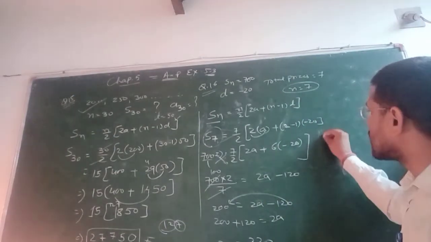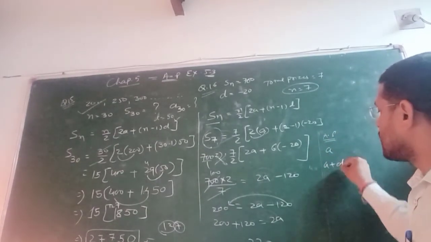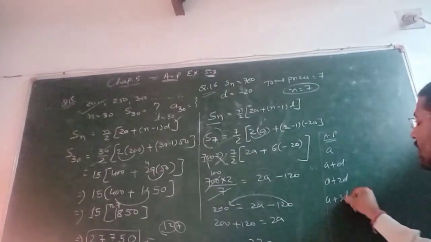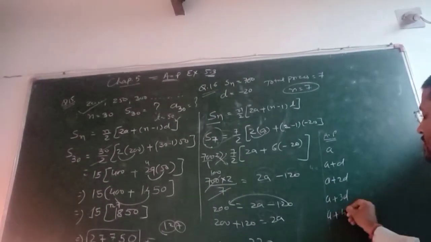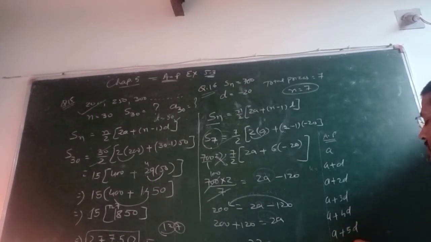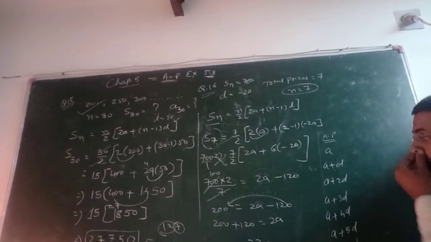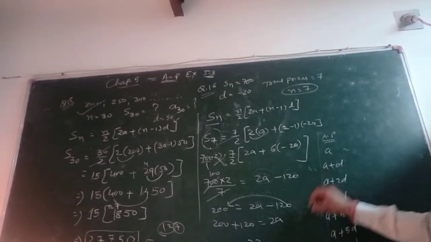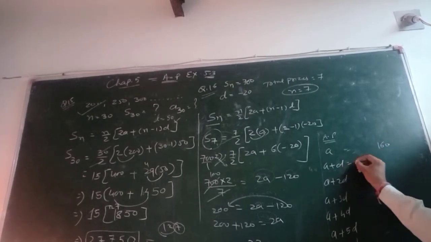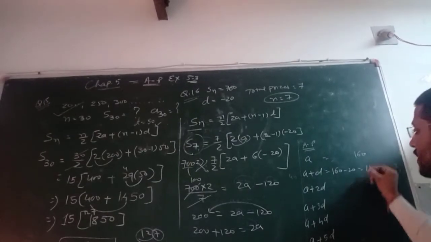So here your arithmetic progression: a, then a plus d, then a plus 2d, a plus 3d. Similarly, you have 7 prizes, right? So we'll go up to 6, a plus 6d. There are total 7 prizes, right? So you will get a. How much a? That is 160. We got this one. a plus d, मतलब a तो 160 था और d minus 20 था, so it will be 140.